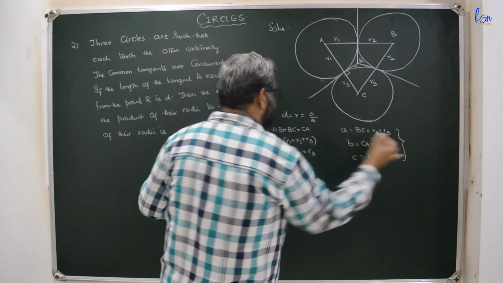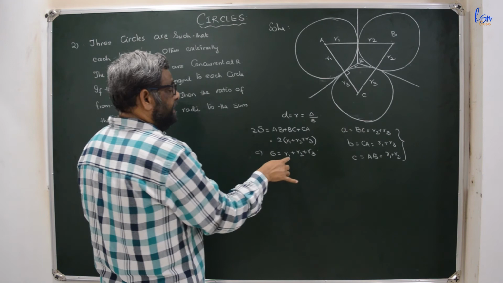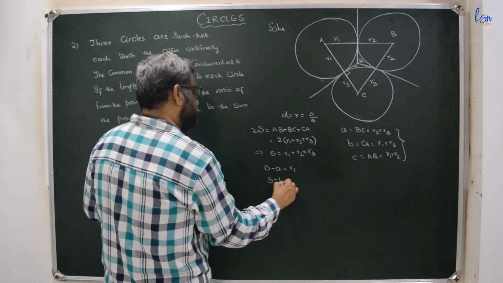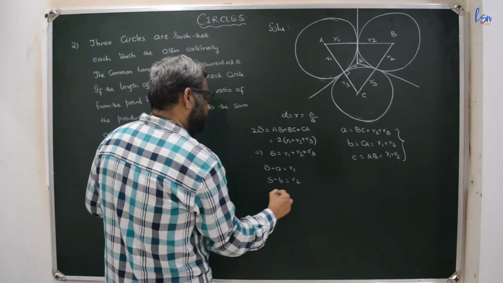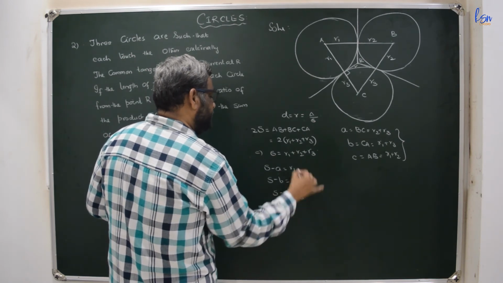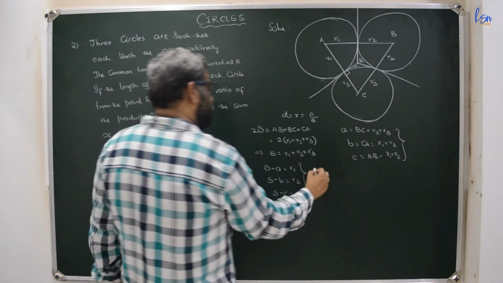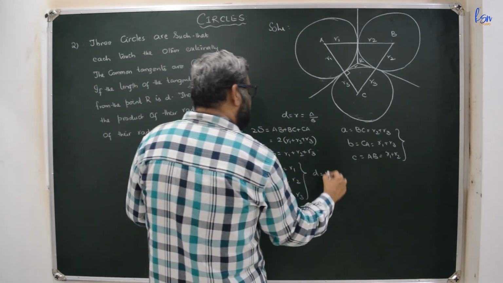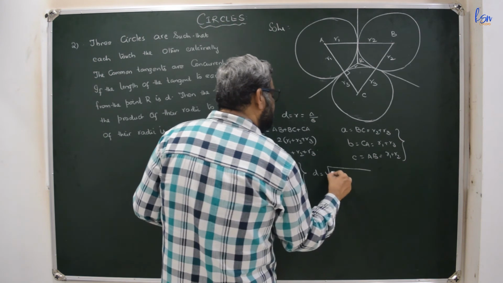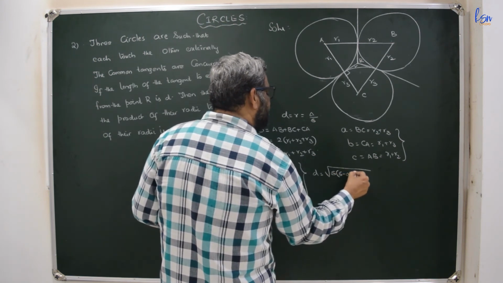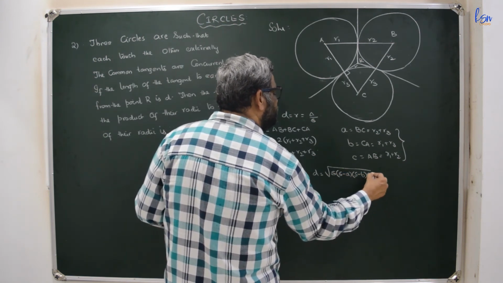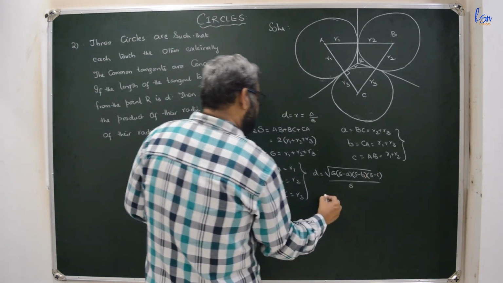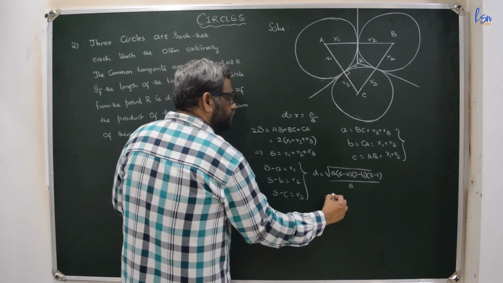You can use these three. S minus A, S is this, S minus A is R1. Similarly, S minus B is R2, S minus C is R3. And therefore D is equal to, that is small r equal to delta by S. Delta is square root of S into S minus A into S minus B into S minus C, by S. Here S is R1 plus R2 plus R3.